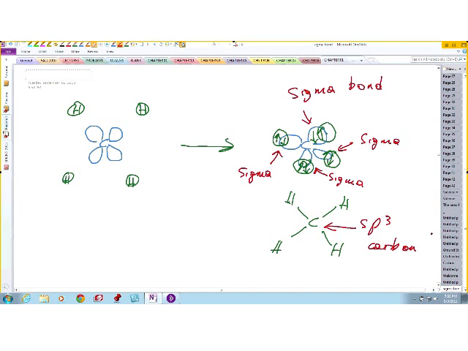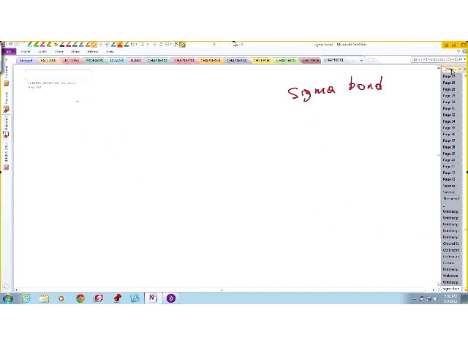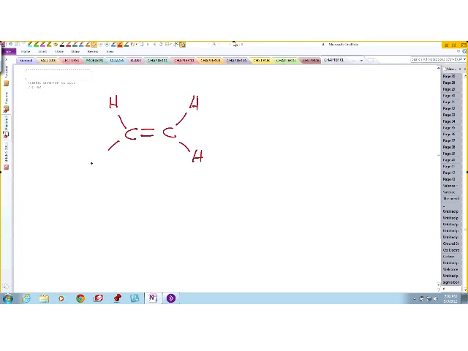Now, we then say, how do we then form the ethylene molecule? Okay, you follow this so far? Now the question, how do we explain that the fact that this is sp2 carbon and that this part of the molecule is flat?